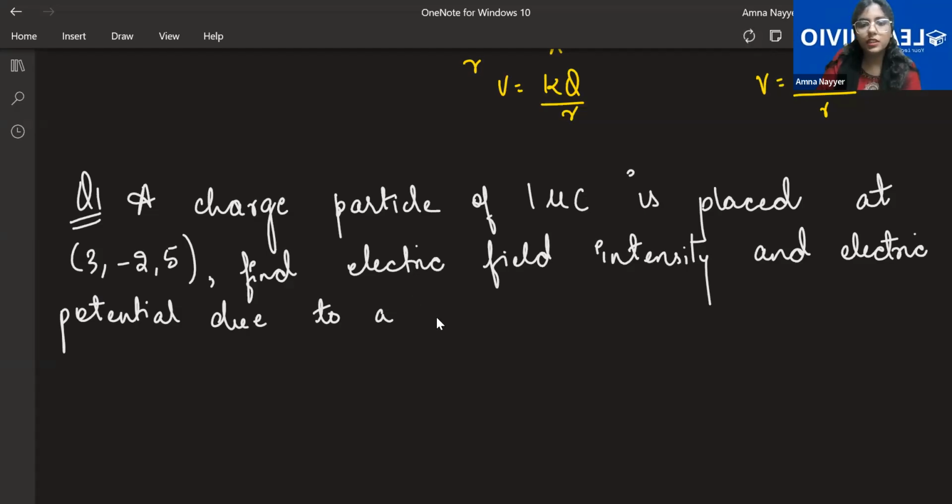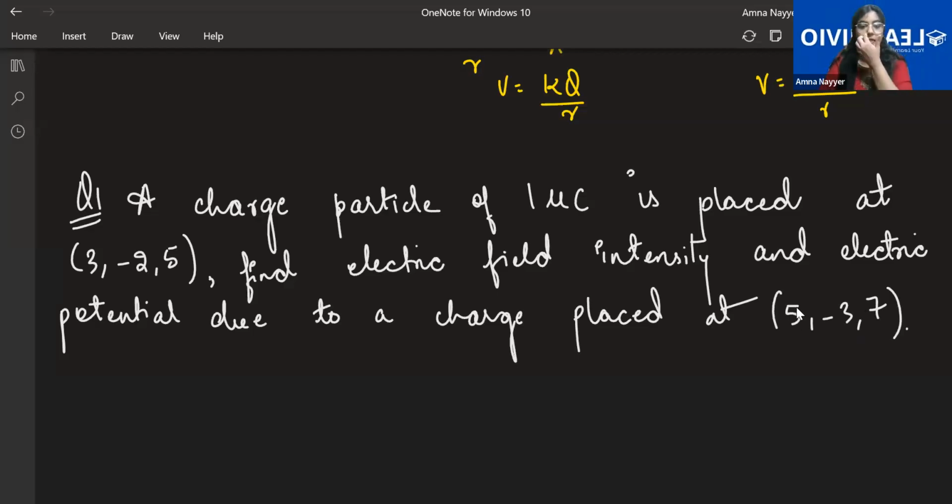Potential due to a charge placed at 5 comma minus 3 comma 7. Okay, this is the question.